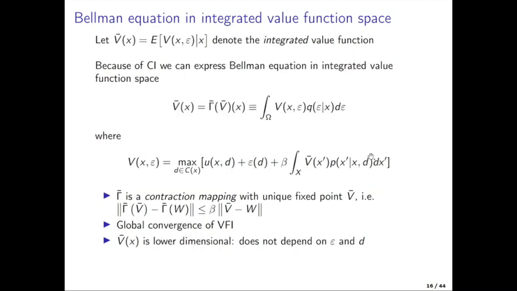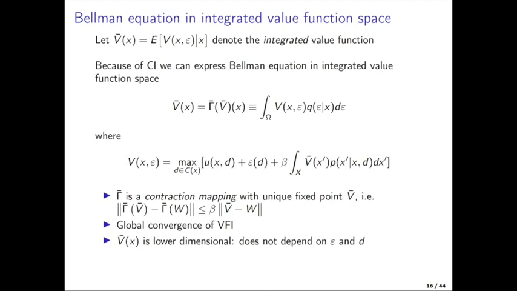Okay, so now you clearly have a mapping from integrated value function to integrated value function, since it goes through to the value function, which is what you integrate over here. So again, we have another contraction mapping, I'll call it gamma bar, with another unique fixed point v bar, which is the integrated value function.